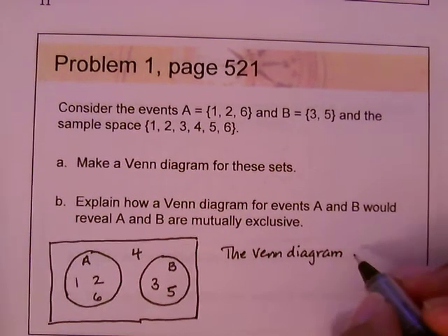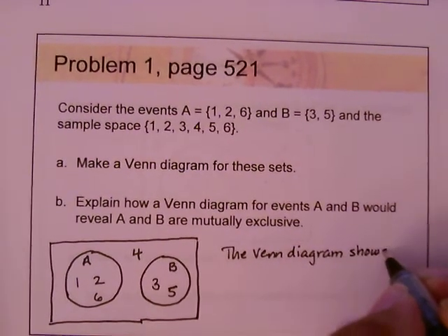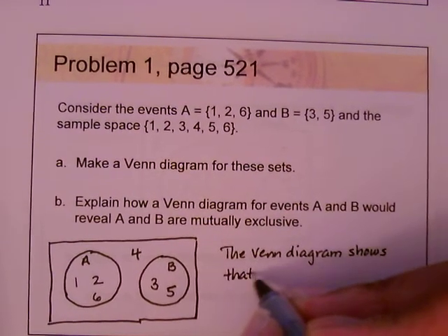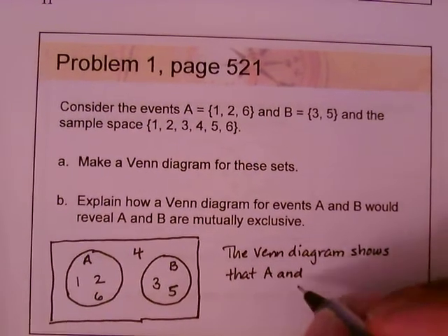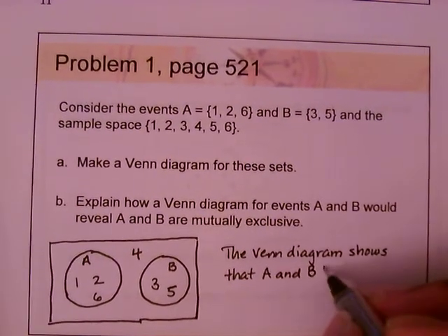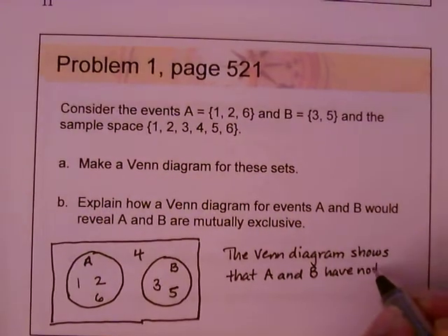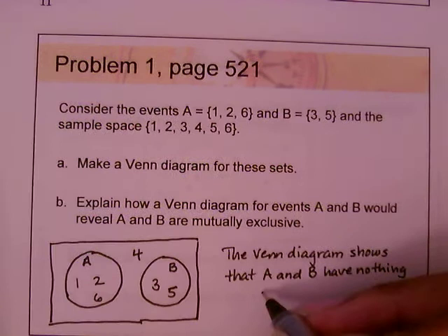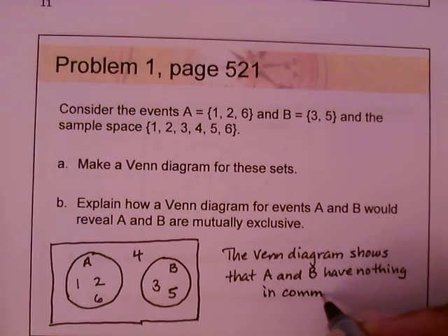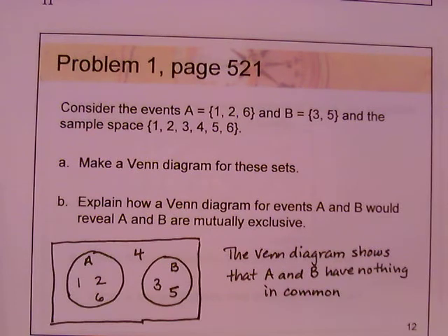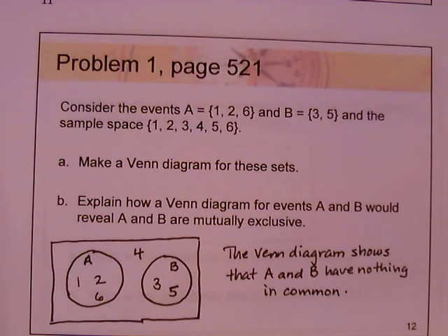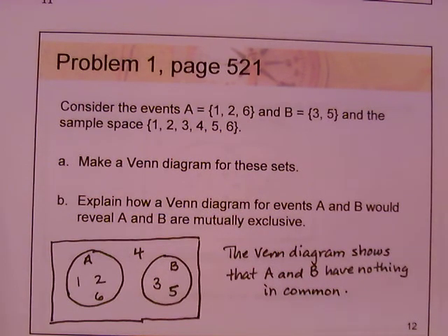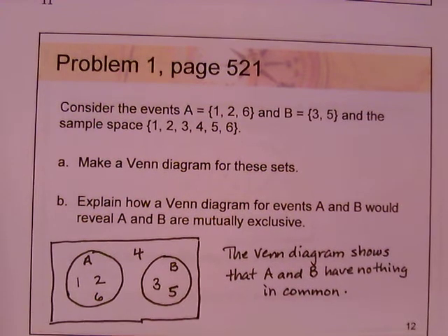The Venn diagram shows that A and B have nothing in common. Those two events have nothing in common at all. So that's how we explain problem number 1 here, and this is how you would create a Venn diagram for those two sets, A and B, and also the sample space.